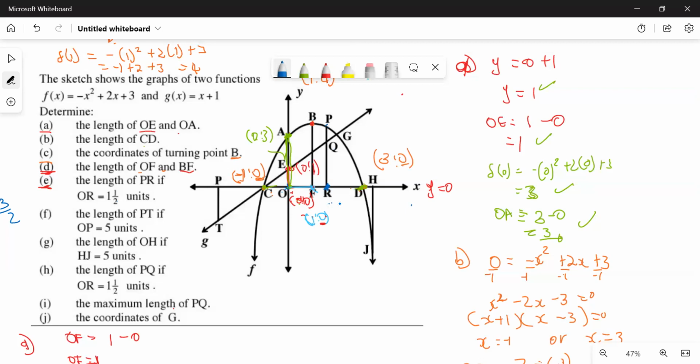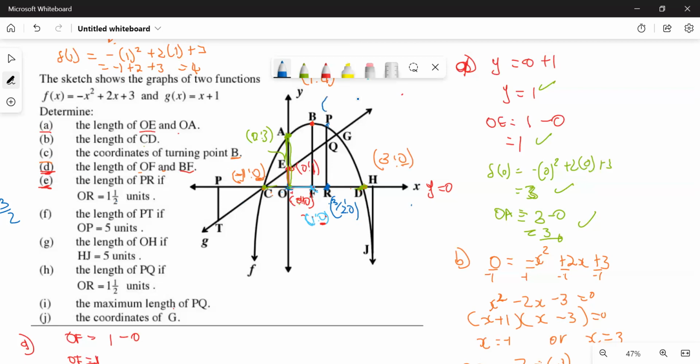From here to here, it's 1. And then from here to here, it's 3 all over 2. And then we have 3 all over 2, which goes with 0. And then P, R.